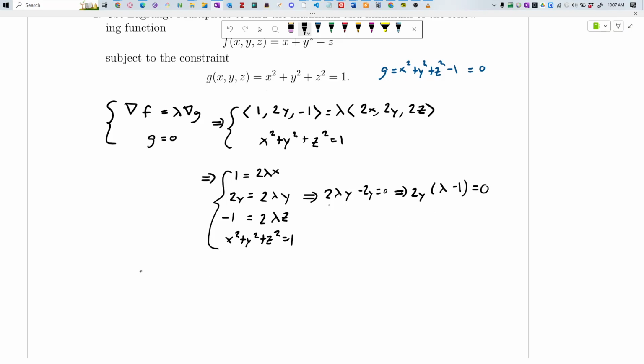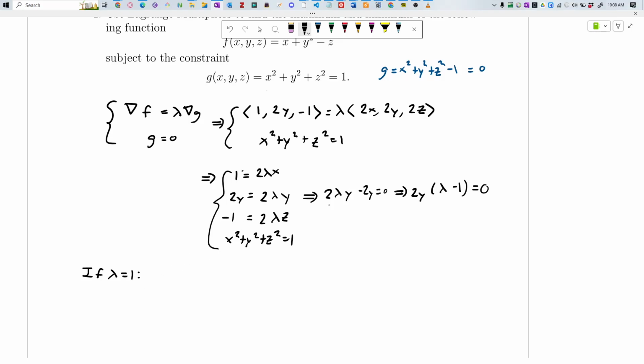Yeah, so let's try it out. The case that will reduce quickly is when lambda is equal to 1, right? Because that will actually allow us to solve for x and z due to the first and third equation.